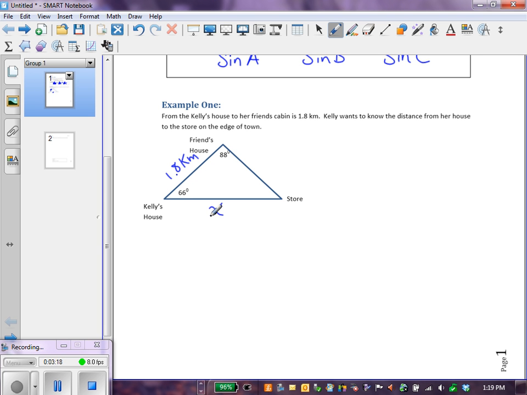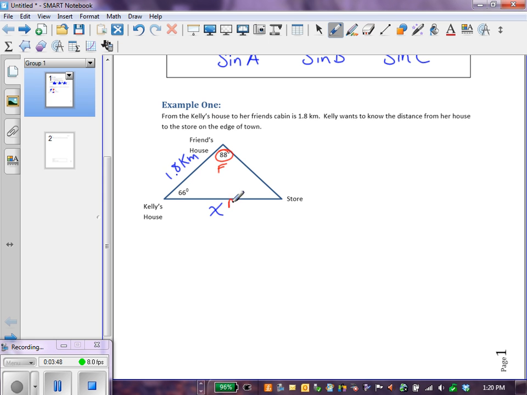Everybody okay with that? Okay, so first thing I'm going to do is I'm just going to label my triangle. It doesn't matter if you use A, B, and C, it doesn't matter to me. You can use K, F, and S if you want, if that makes more sense to you. So, if this is angle, capital F for friend's house, where's side F? At the bottom, right?